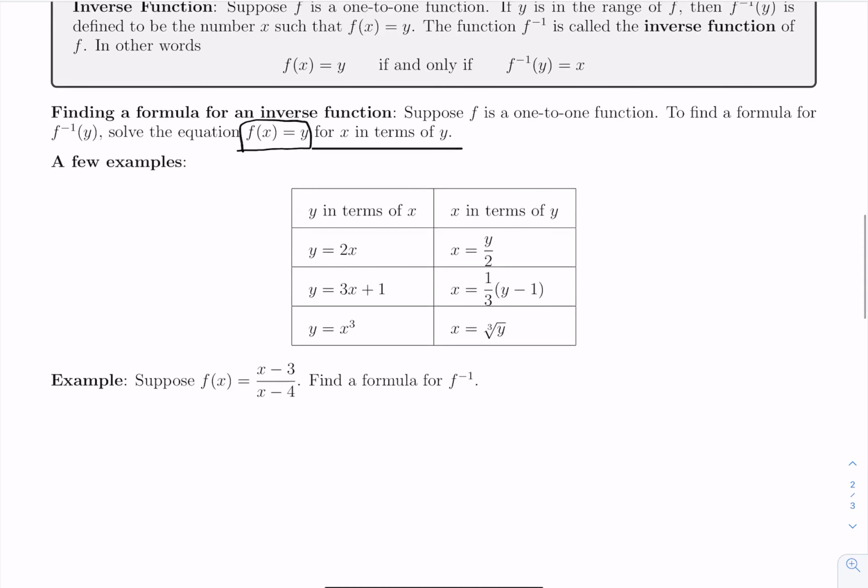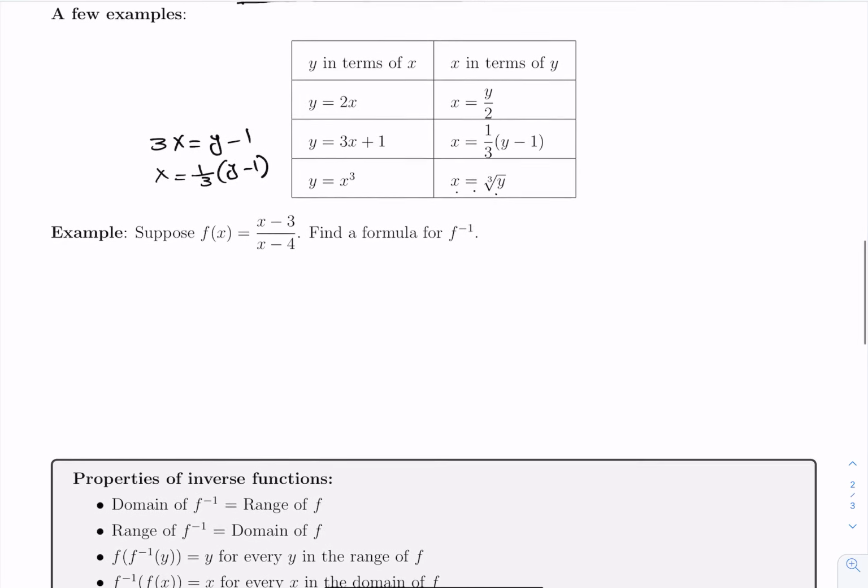If y is equal to 3x plus 1, then 3x is equal to y minus 1, and x is equal to 1/3 times y minus 1. If y is equal to x cubed, then x is equal to the cube root of y. These are just a few examples of how we solve an equation for x in terms of y.